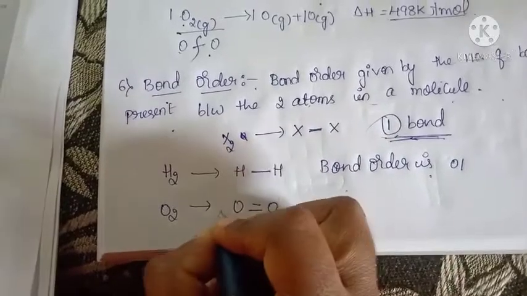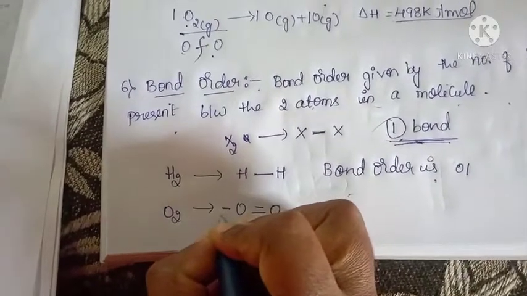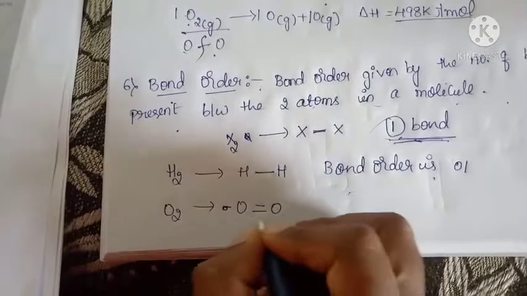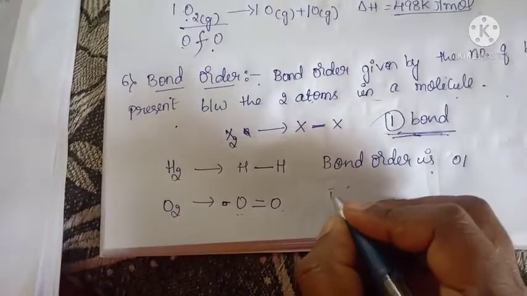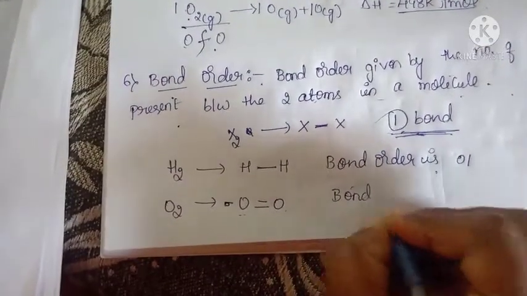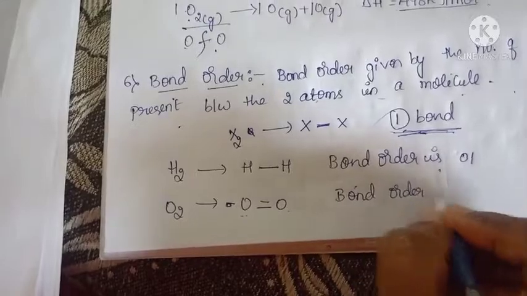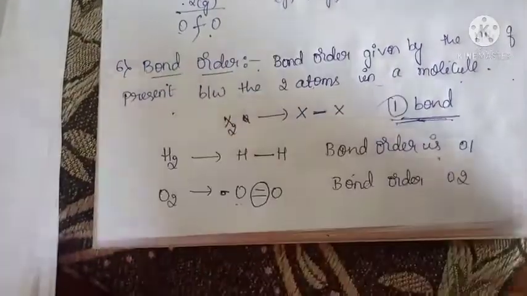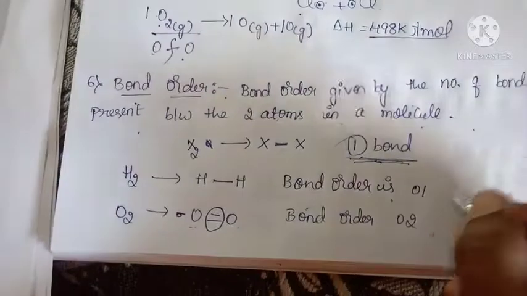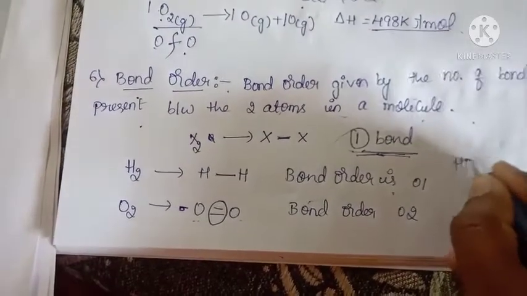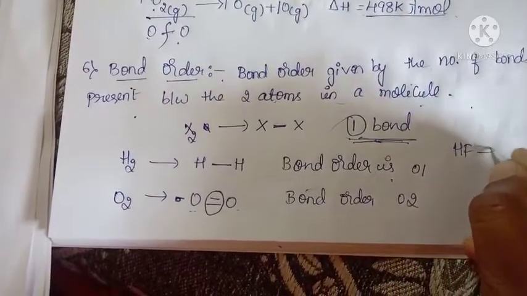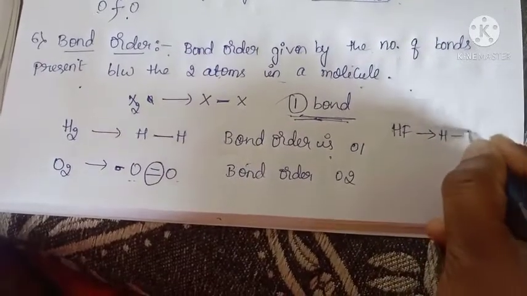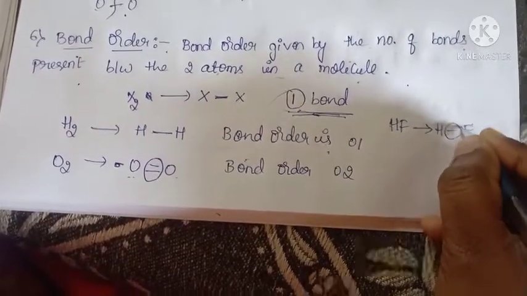Here also, only the bonds between the two atoms we have to count for the bond order. The bond order of oxygen is 2. Here how many bonds are there? There are only 2 bonds. Or for example, in hydrogen fluoride, HF, how many bonds are present?